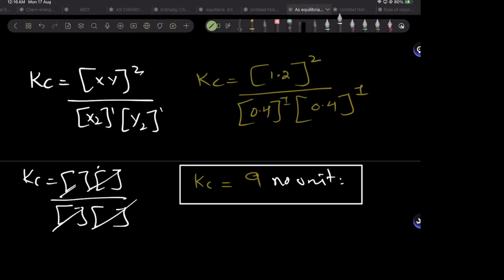Yep. All right. So this was one type of question. The second type of question I want to do with you is, let's do a very straightforward question in which all of the equilibrium moles are already given in the question.